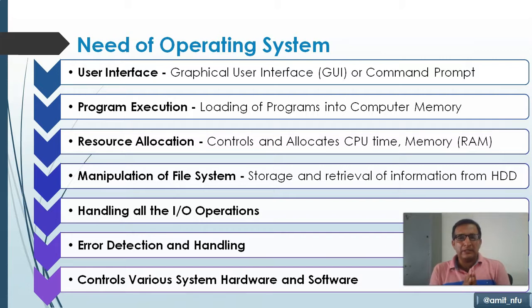Now, there are two types of interface. One is a black and white screen. You type the command, you give the instruction, and it performs the particular task. This was more or less done in Unix, Linux, etc. But nowadays everything is in GUI, graphical user interface, where we see colorful screens, icons, and figures or icons represent certain things.